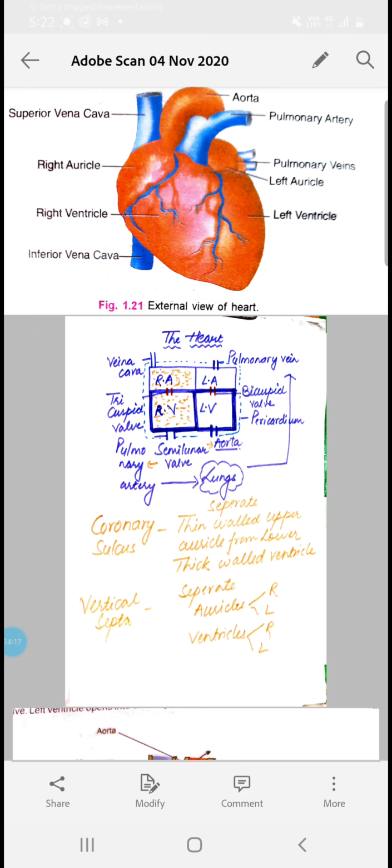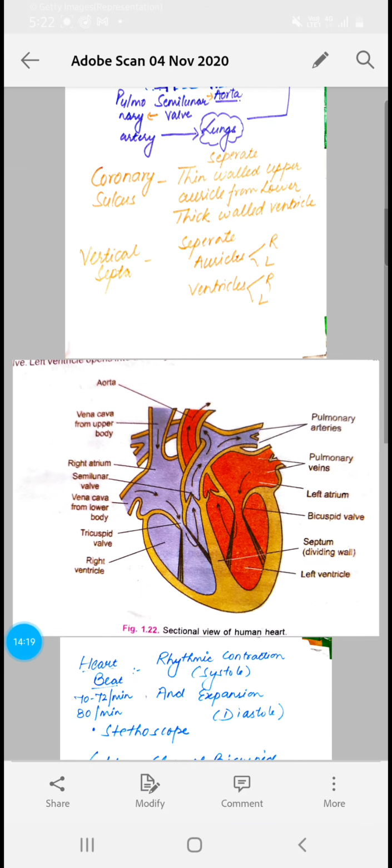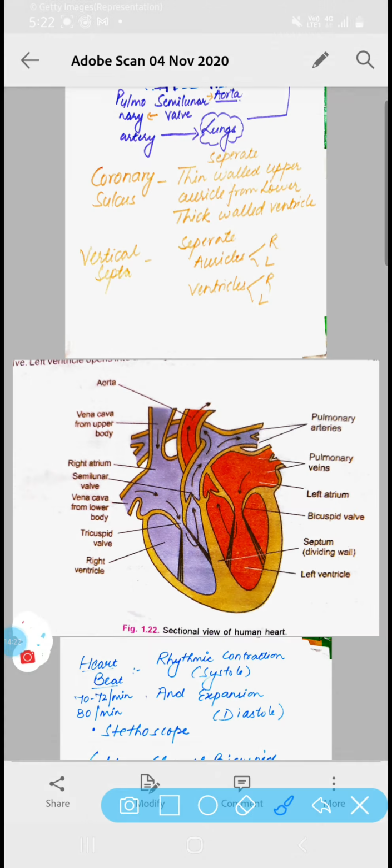So now we can have a look at the internal diagram of the heart. Here it is: aorta, pulmonary arteries, pulmonary veins, left atrium, bicuspid valve, septums.